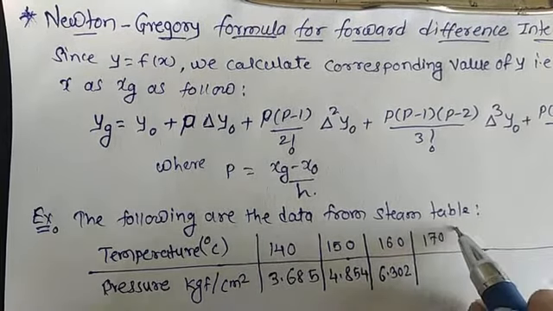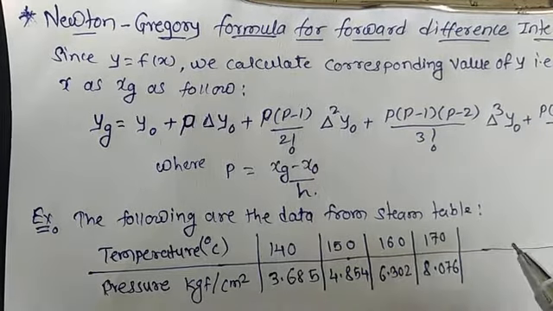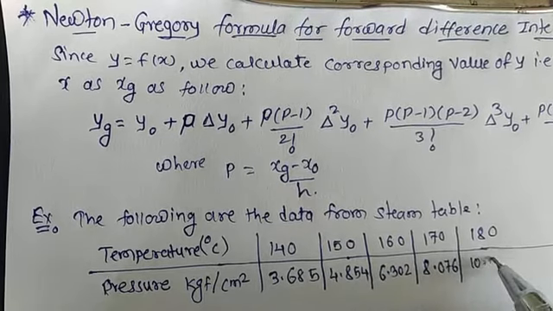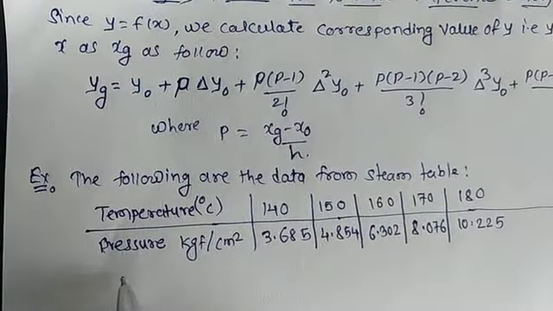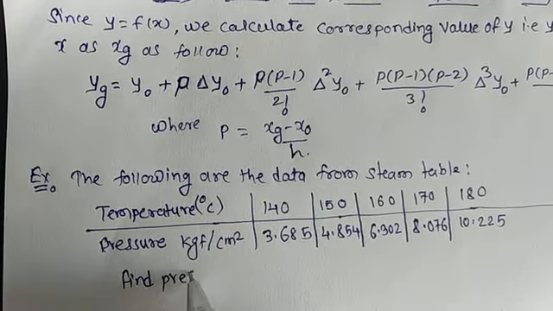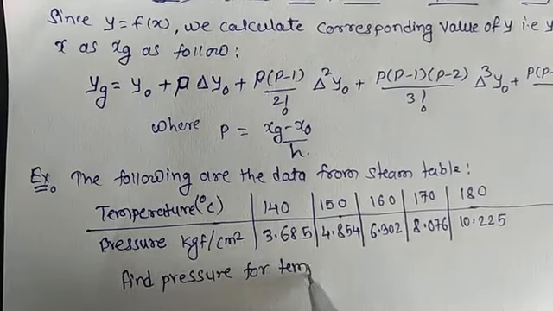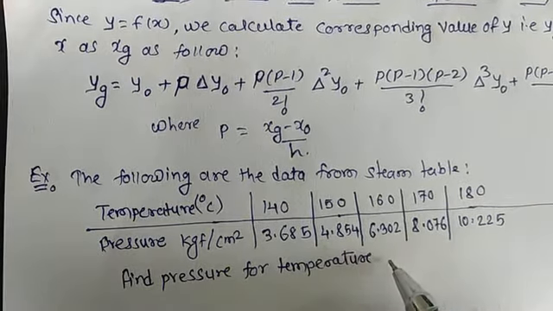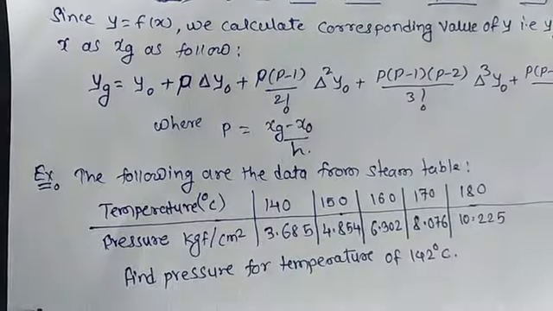For 170 the pressure is 8.076, and for 180, 10.225. This is the data given, and we have to find the pressure for a temperature of 142 degrees Celsius.